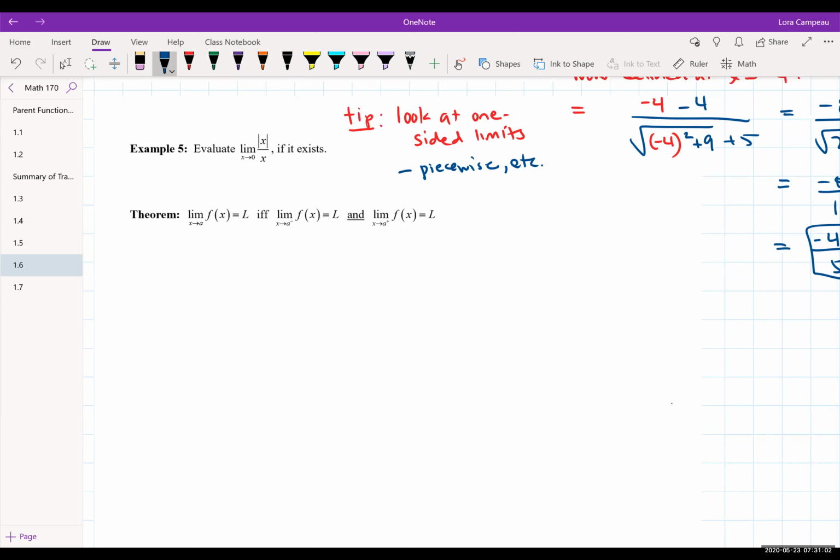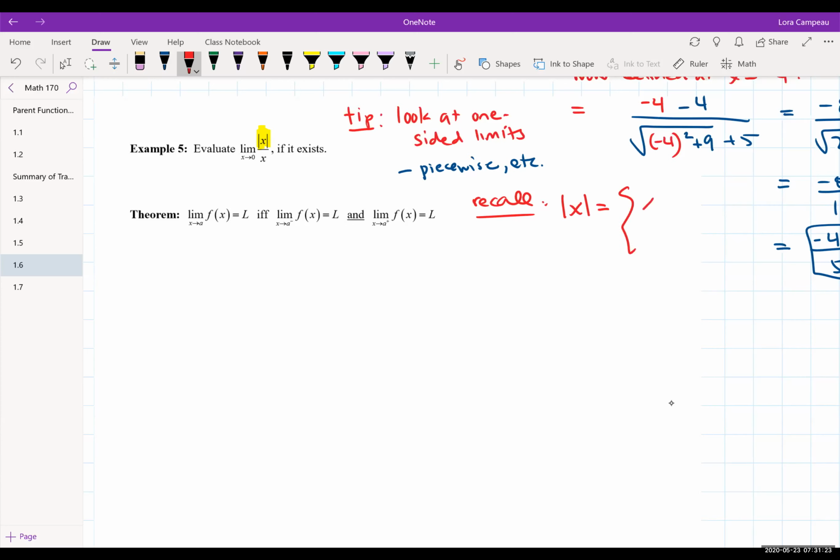And I know we're not used to seeing the absolute value of x, but we did talk a little bit about it in some of the previous sections. We might want to recall that we did define the absolute value of x. If we were to play with it, you get 2 values.